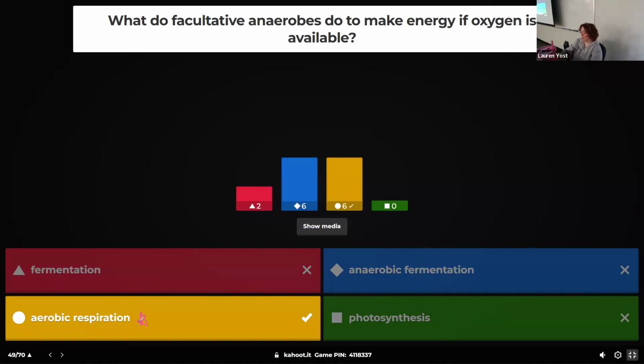So facultative anaerobes can switch between fermentation and aerobic respiration. If they have enough oxygen, they will go through aerobic respiration. If they don't have enough oxygen, then they will go through fermentation. And so these are our fermenters. There aren't separate fermenters that only ferment. That's not a thing. If you're a fermenter, you're a facultative anaerobe.